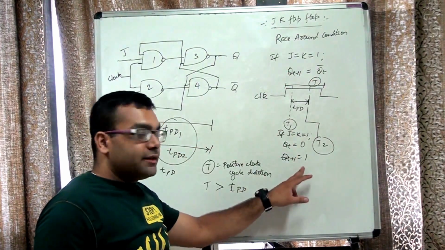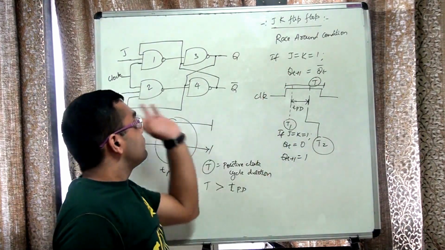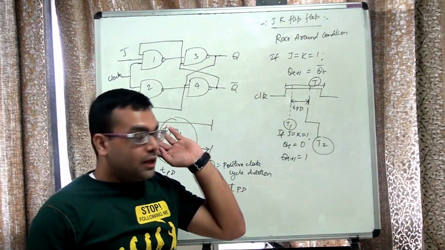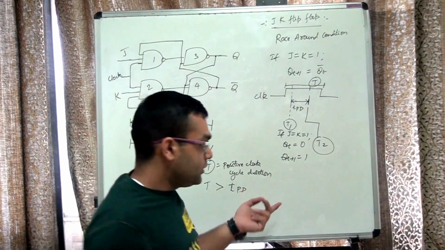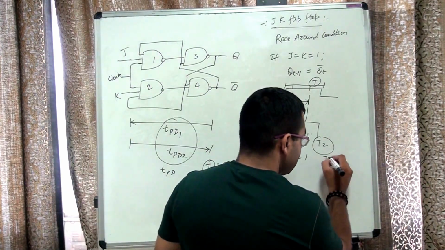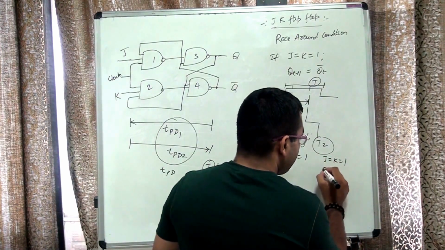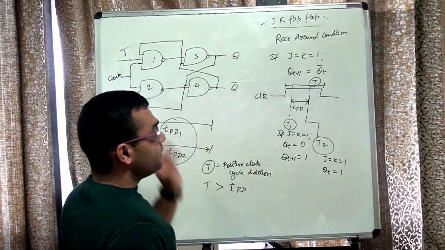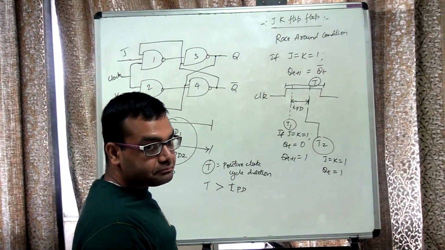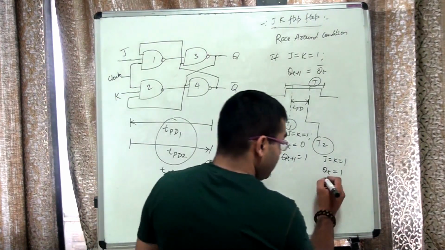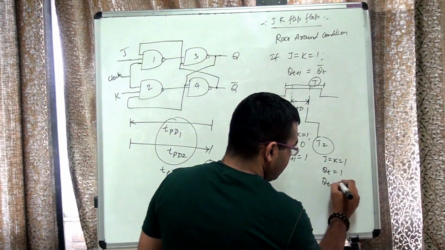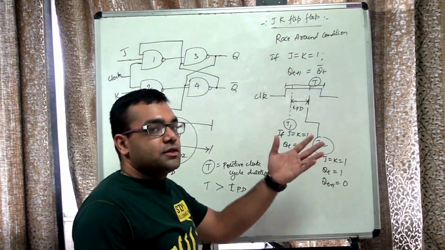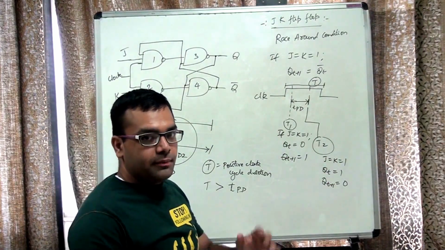This Qt plus 1 that appeared goes through the feedback path and becomes the present state value. So now J and K are 1 and Qt is 1, because it came from the feedback path. According to my truth table, Qt plus 1 will become 0, because J and K are 1, Qt is 1, so Qt plus 1 has to be the complement of the present state.